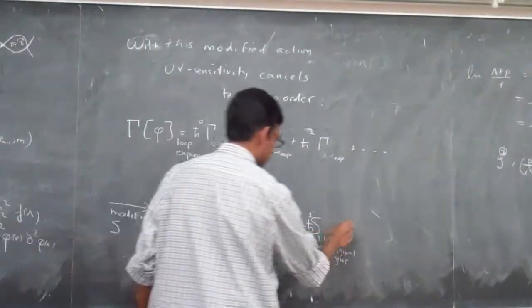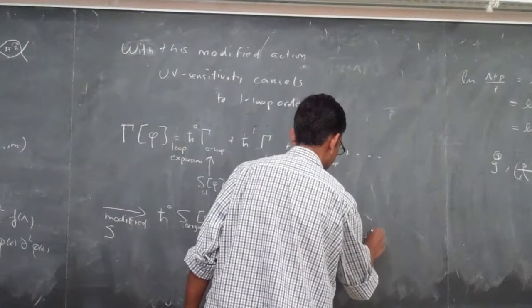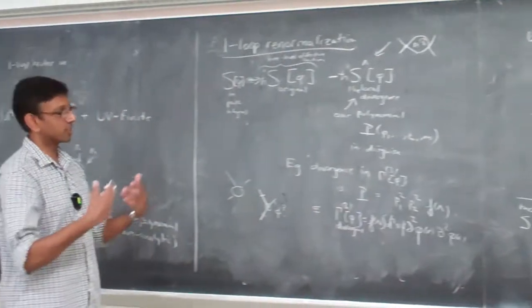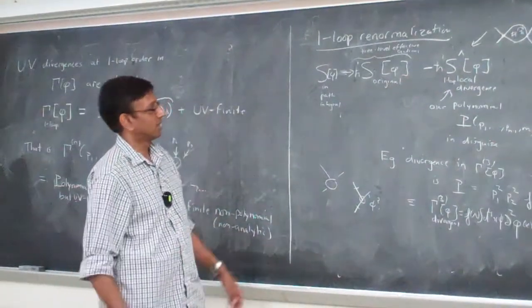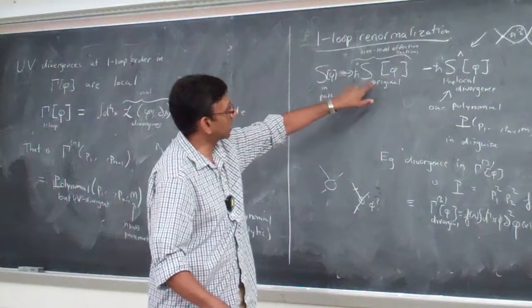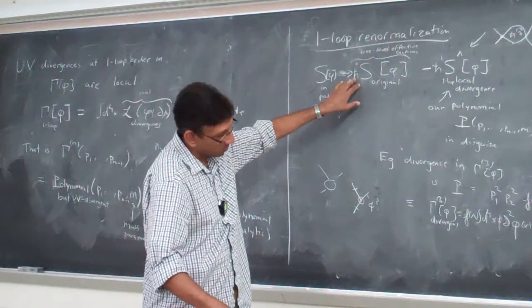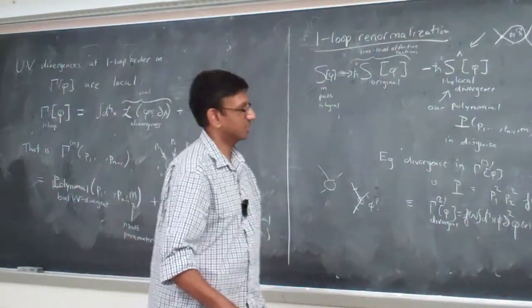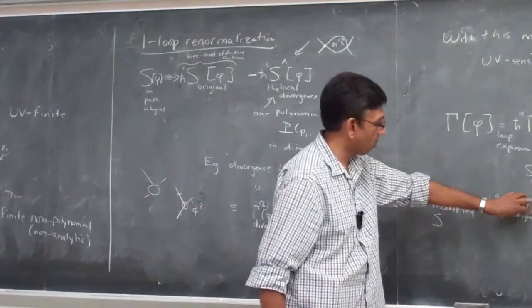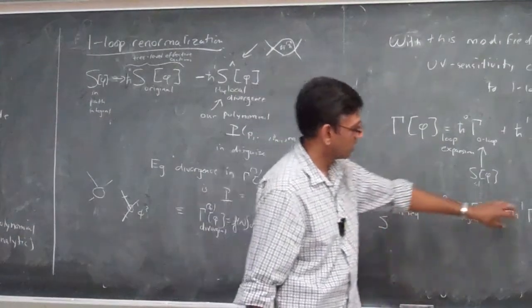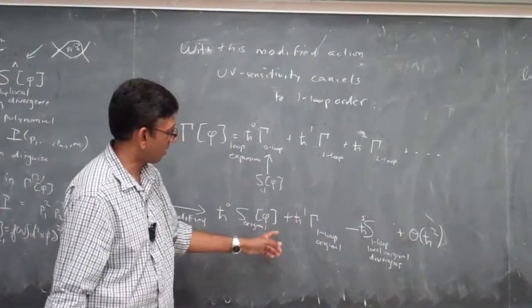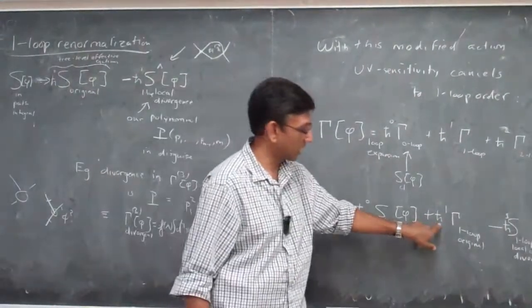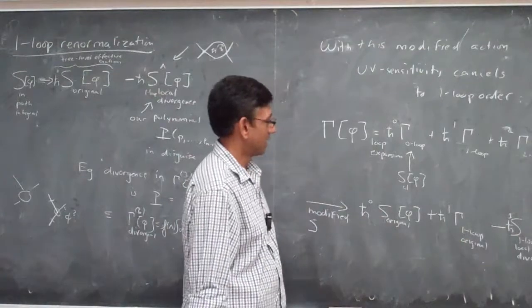So this is true plus h bar, plus order h bar squared. So we're doing an expansion in loops. You can take the action which is order h bar to the 0 and use it to form loop diagrams. In that case, the effective action will be the thing where you don't bother to make any loops, or the loop diagrams gotten by using the original action, and thereby incurring an h bar because you did a loop.